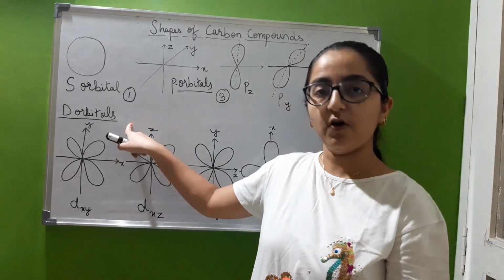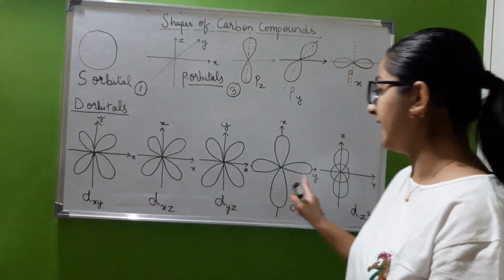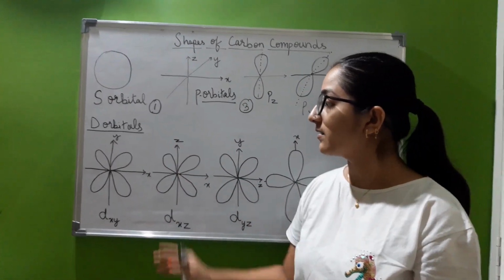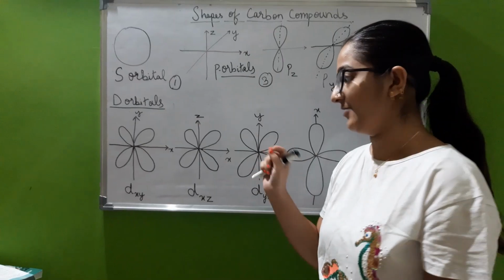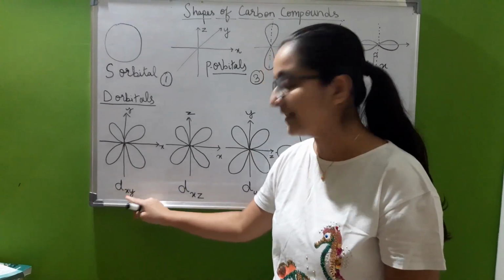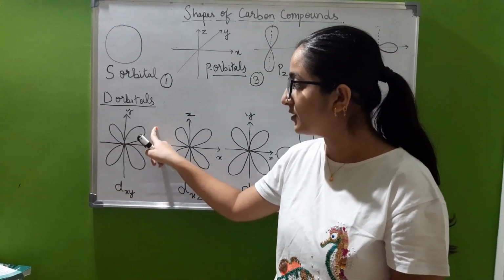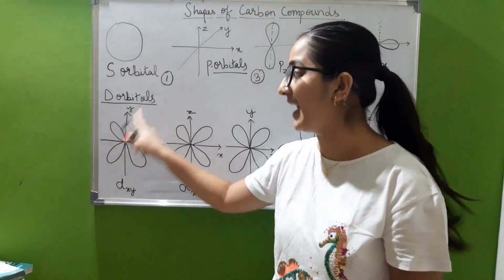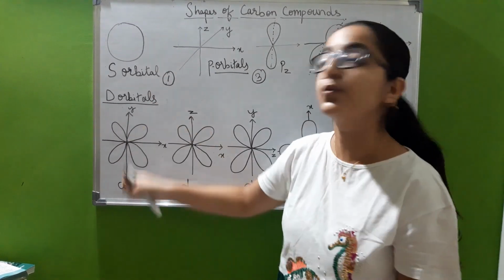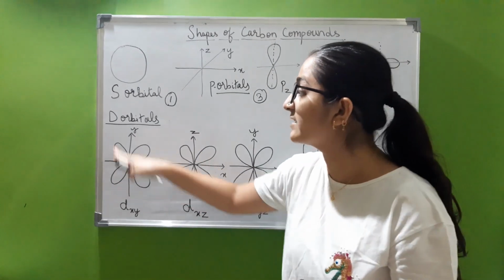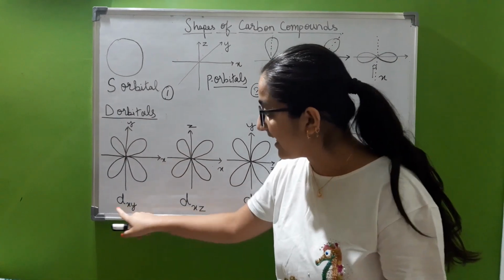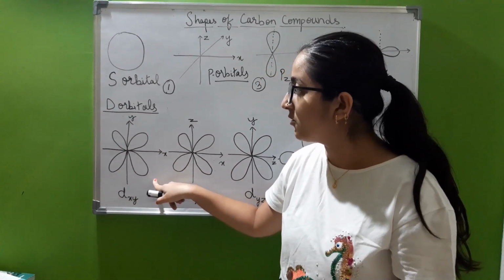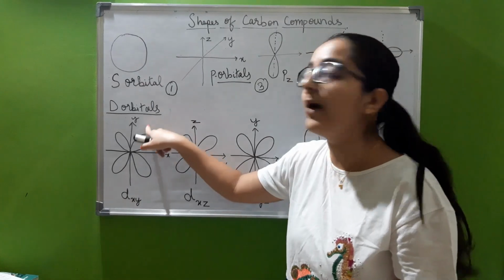While coming to d orbitals, there are 5 different kinds of d orbitals. Here we need to remember a small catch. In dxy, the orbitals pass through the planes of these axes. They don't pass through the axis, they pass in the planes of these axes. So in dxy, the orbitals pass through the x and y plane.